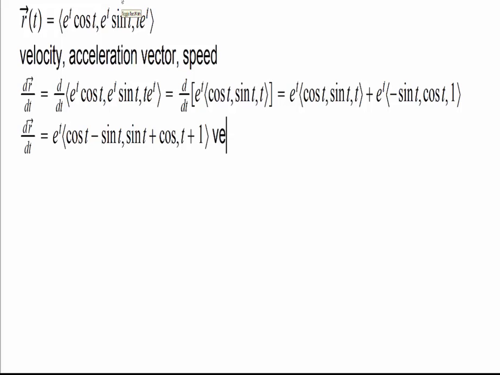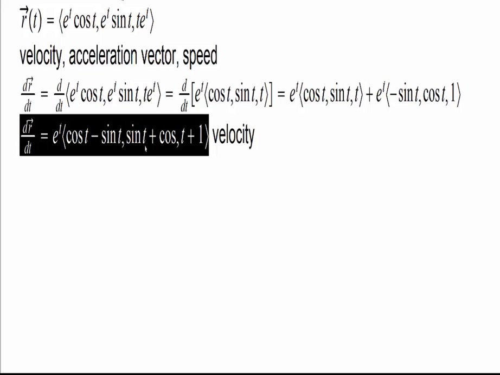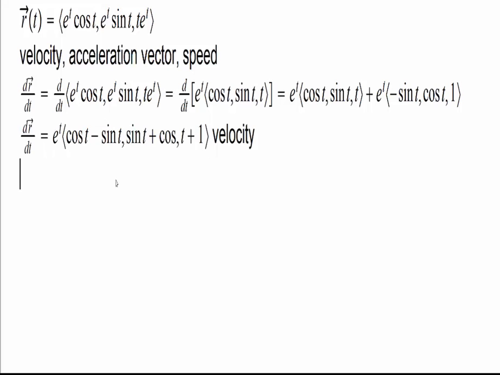Then for the acceleration, we will differentiate it again. Should not take too long, hopefully, and again we want to review algebra and trigonometry with full force. I'm not writing d over dt here because I'm going to write the derivative directly.